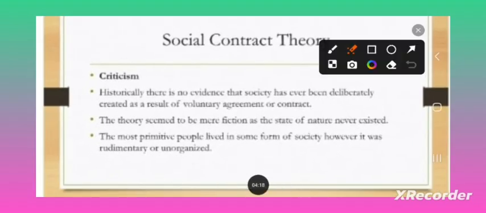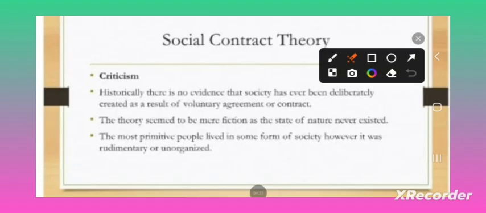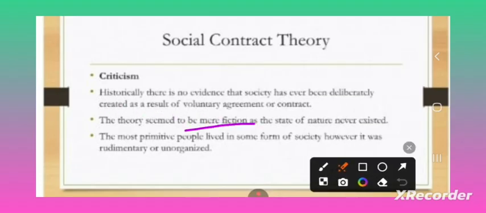Criticism. Lack of evidence: critics argue there is no historical evidence that society was ever deliberately created as a result of a voluntary agreement or contract. Fictional basis: the state of nature, the original condition of humans before society, is considered a mere fiction that has never truly existed.